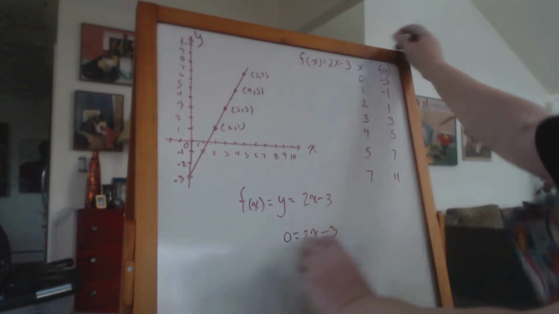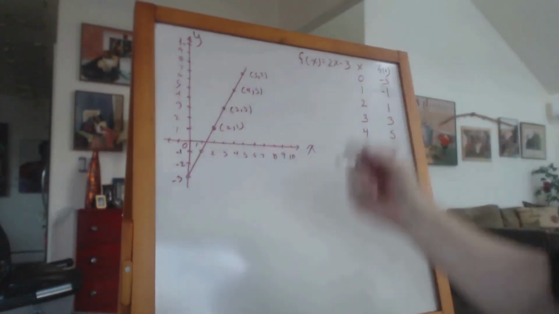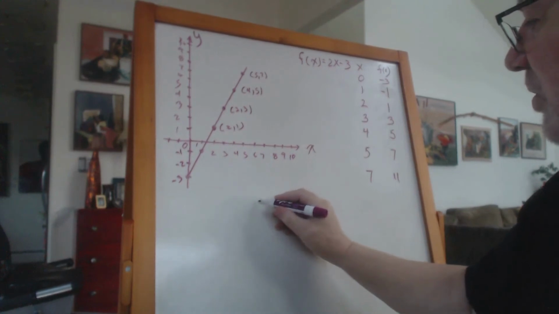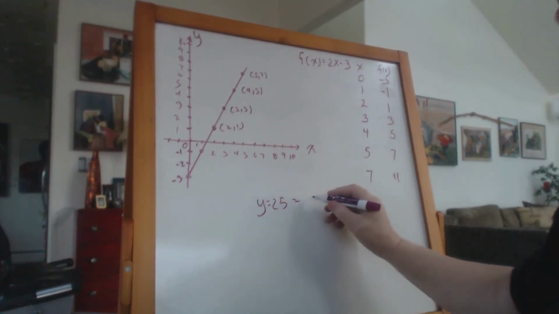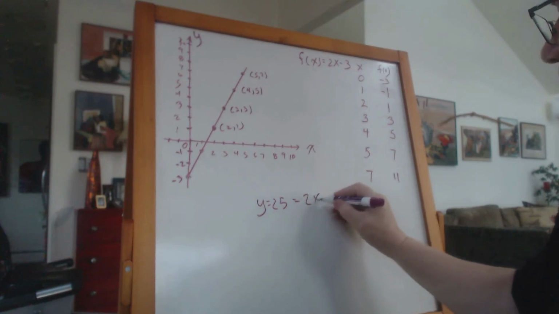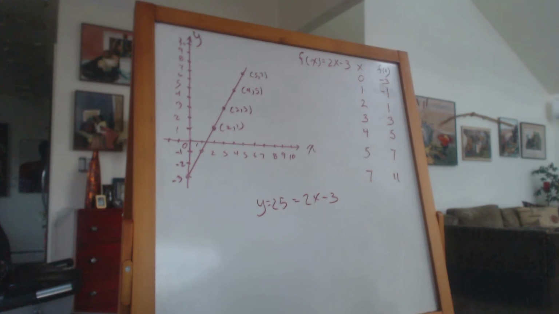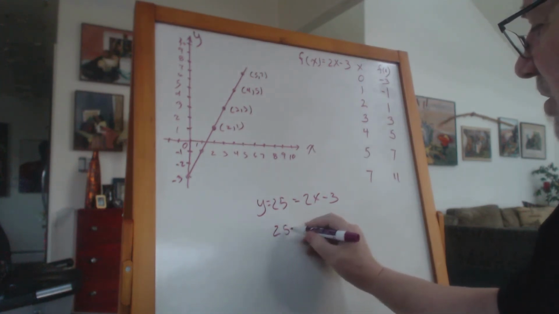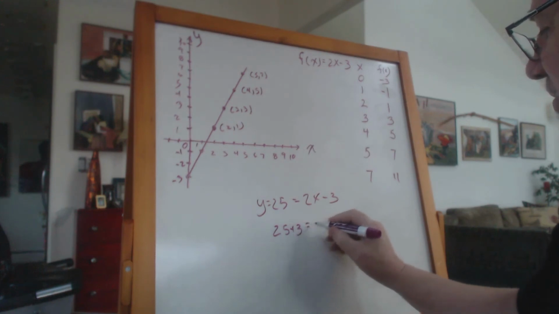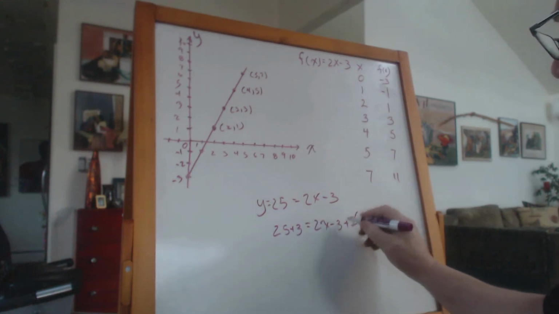So for example, let's say y equals 25, we have 2x minus 3, and now we can find the value of x for 25. So if we add 3, 28 equals 2x minus 3 plus 3, those cancel.